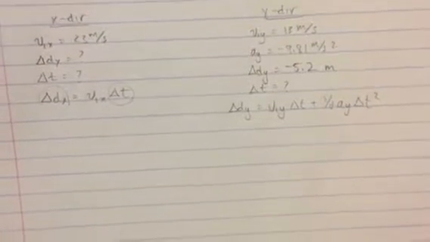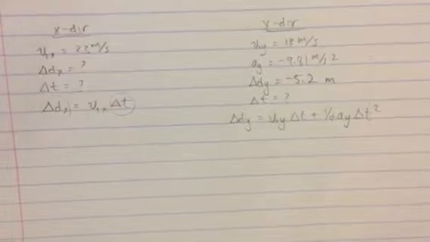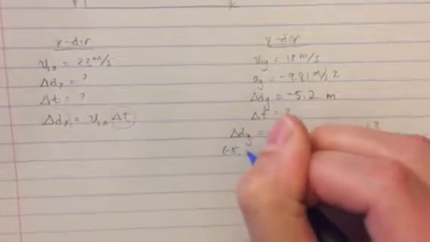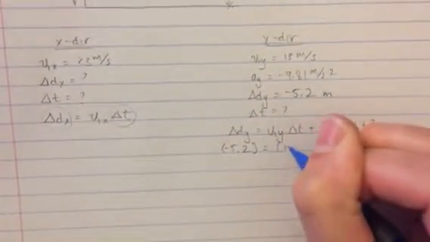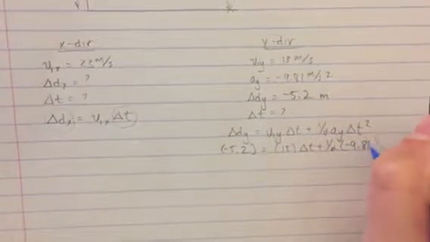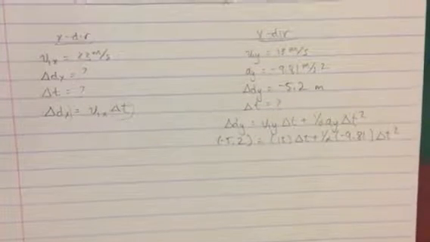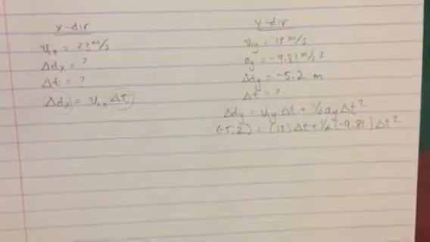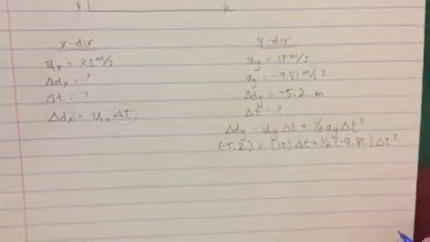So in that equation, the only thing I don't know is time. When I substitute in the things that I know, I'm going to find something really annoying. I have to solve a quadratic equation. Yes, that comes up a lot when you're launching something at an angle in projectile motion.